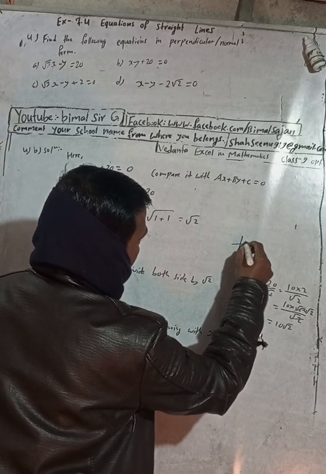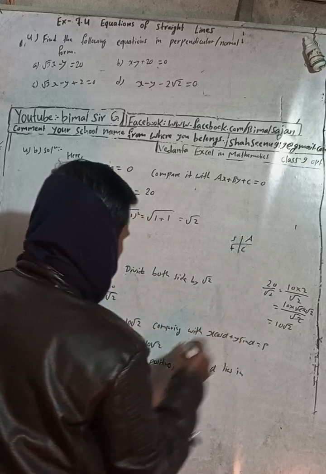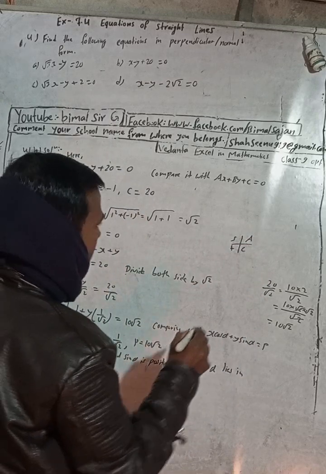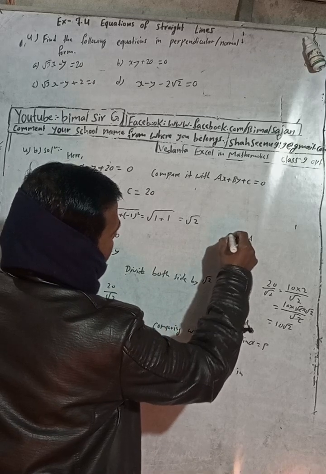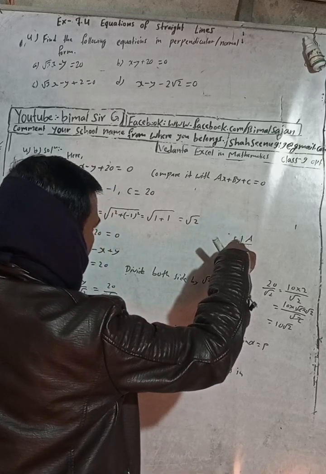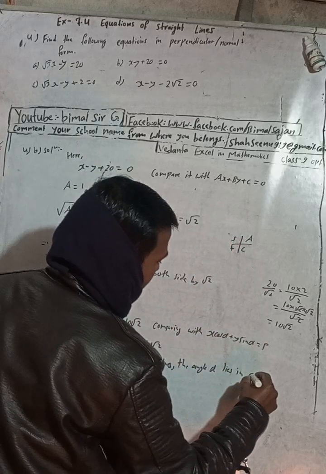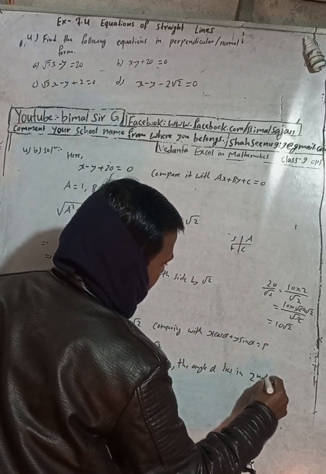What do the CAST rules tell? Cos alpha is negative and sin positive. In the second quadrant, sin is positive and cos is negative. So alpha lies in the second quadrant.